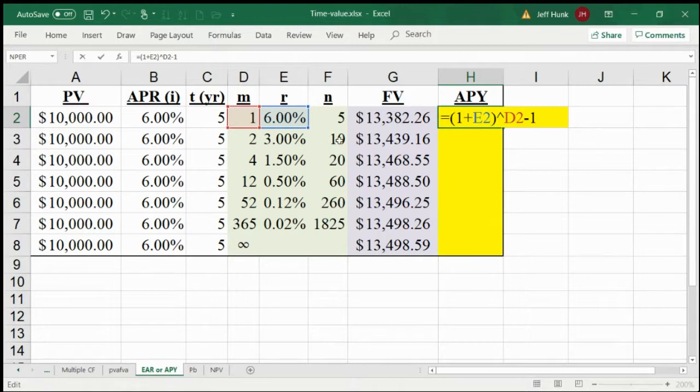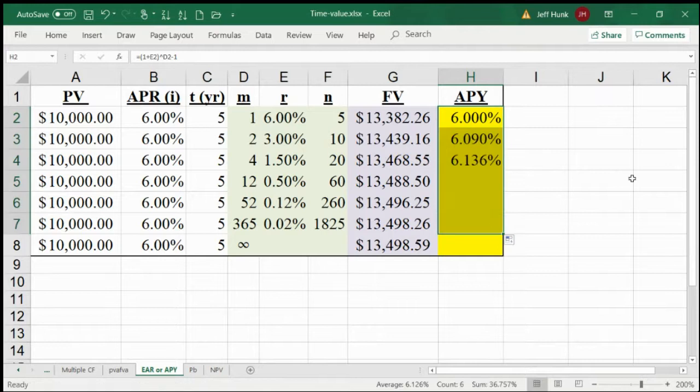In this, E2 is already APR over M. So we are exactly doing 1 plus APR over M raised to M minus 1. So hit enter. And of course, in the case of annual compounding, I've said this several times already, there's no difference between APR and APY.